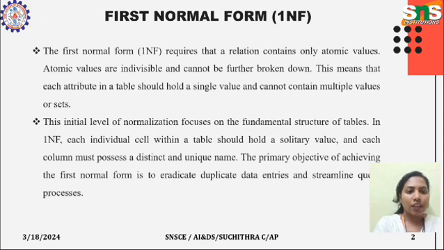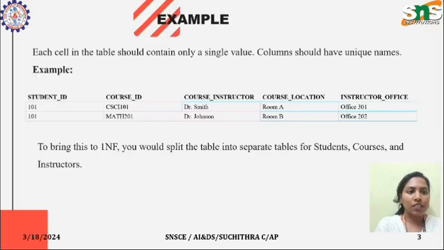This initial level of normalization focuses on the fundamental structure of a table. In 1NF, each individual cell within a table should hold a solitary value and each column must possess a distinct and unique name. The primary objective of achieving the first normal form is to eradicate duplicate data entries and streamline the process. We'll see the example.